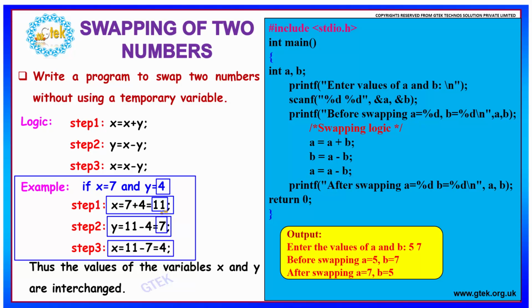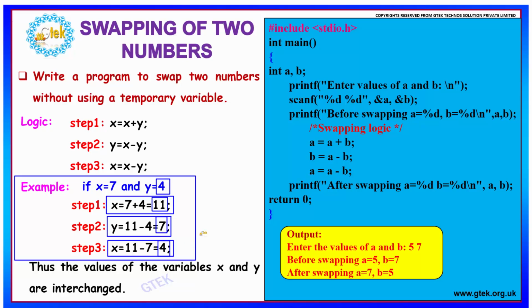So my current value at step 3 will be 7, that is nothing but the value of x. And when I am subtracting y from the total, I get the value of y as my result, that is 11 minus 7 will give me 4, which is nothing but the value of y. And I am assigning this to x.